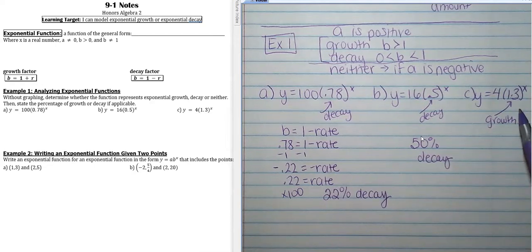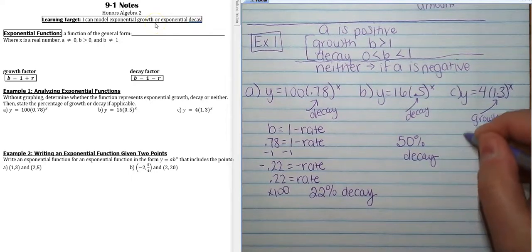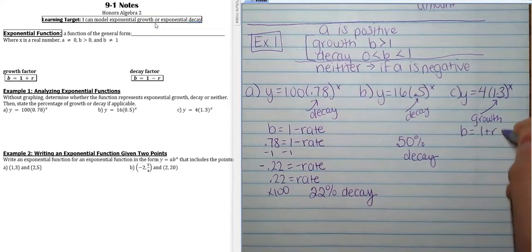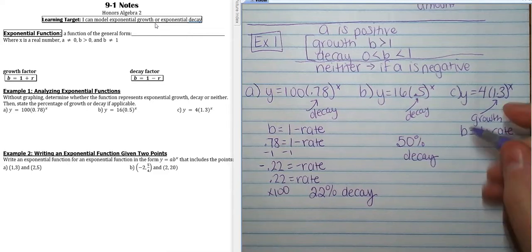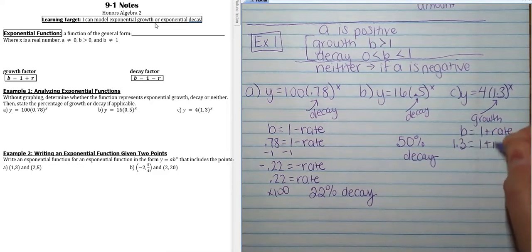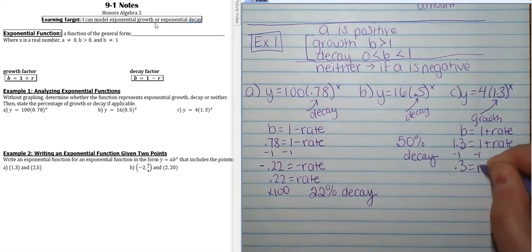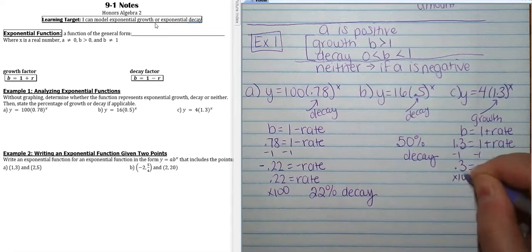Now, growth is a little bit nicer, but if you like the equation I did at the beginning, if you have growth, it's 1 plus the rate. So if you wanted to solve this, you know the b value here is 1.3. If I subtract 1 from both sides, I get 0.3 is equal to the rate. Multiply that by 100 to get the percentage.